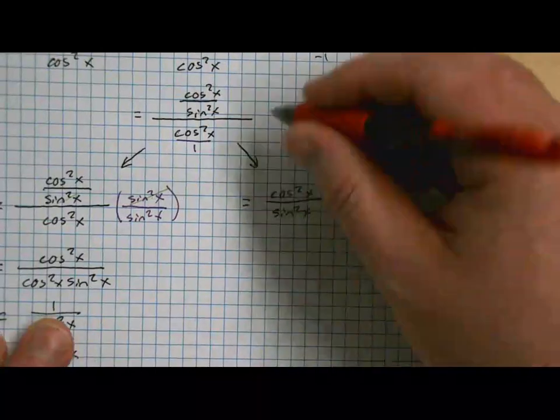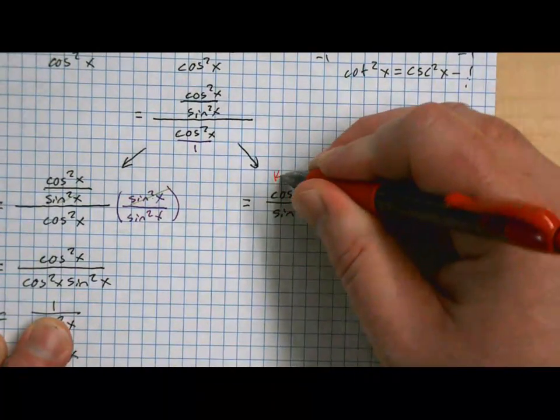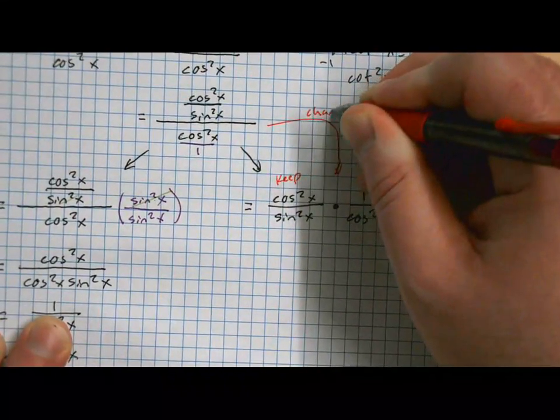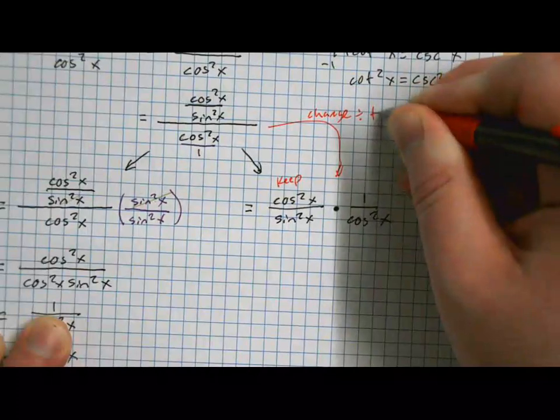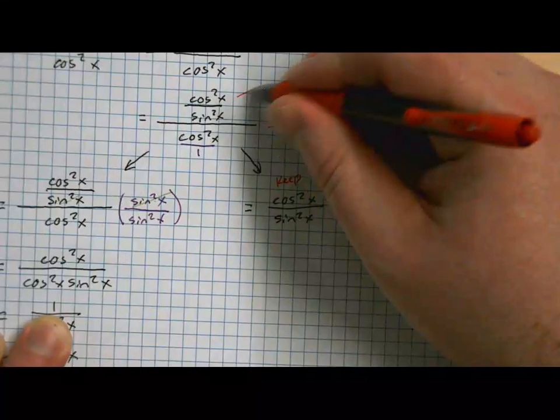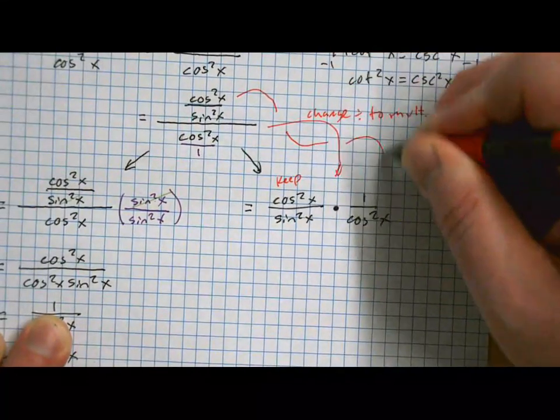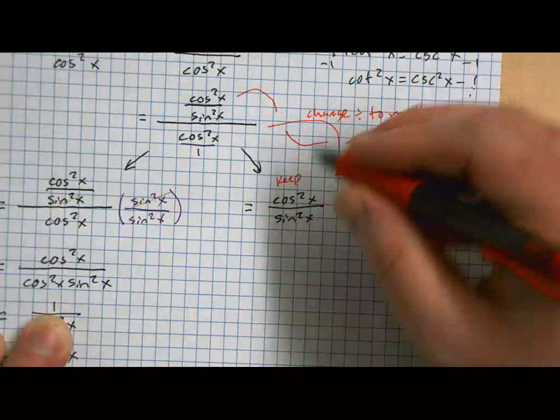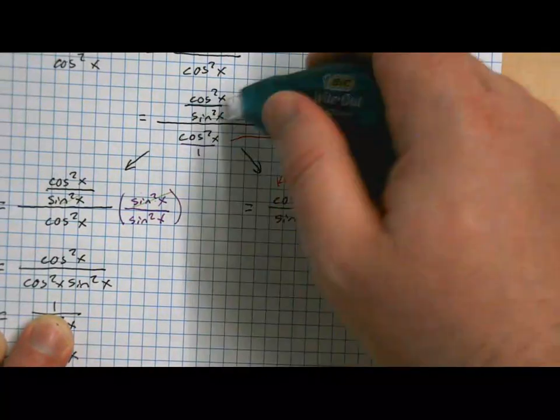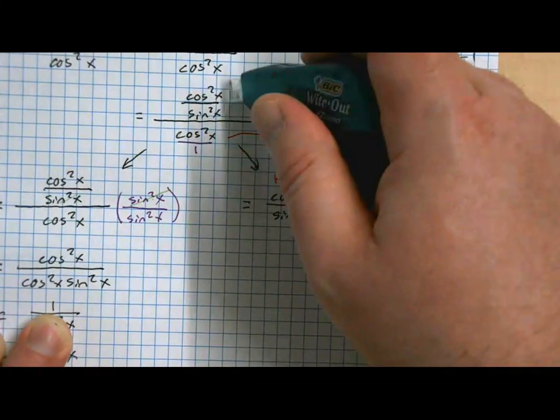So we change division to multiplication, and we flip the thing we're dividing by.